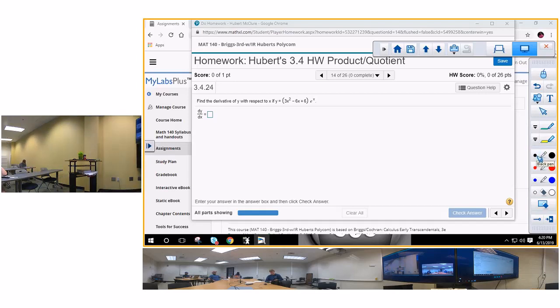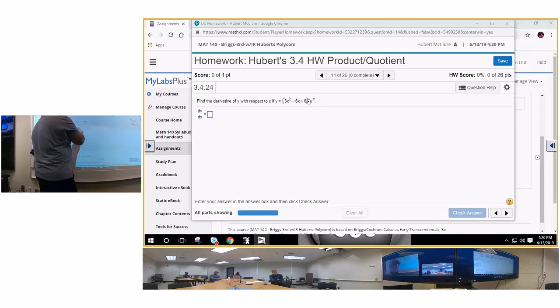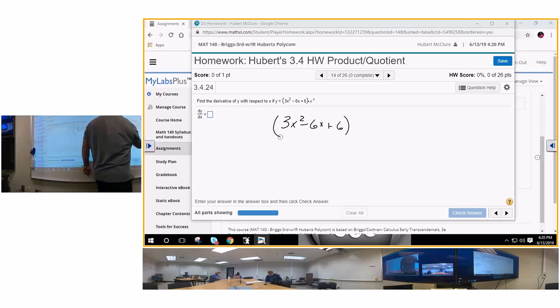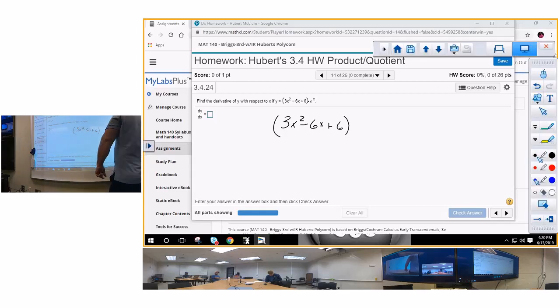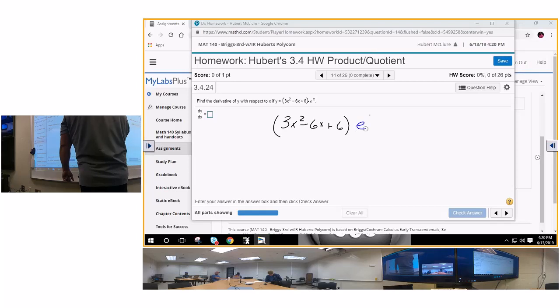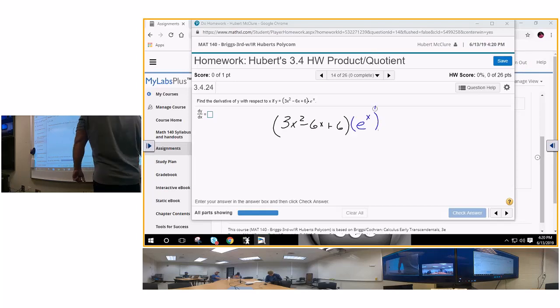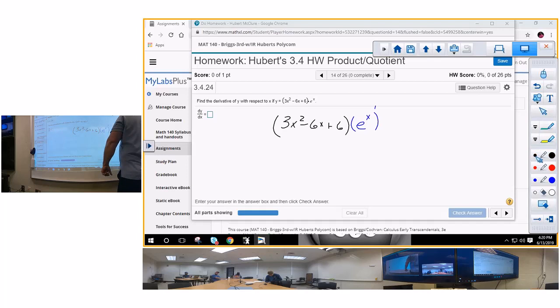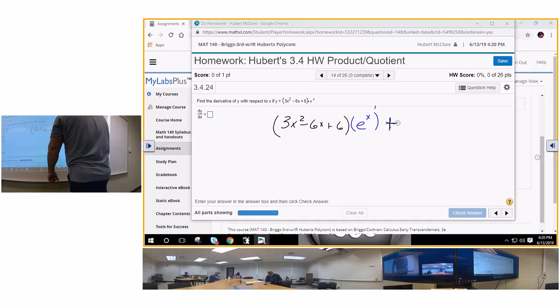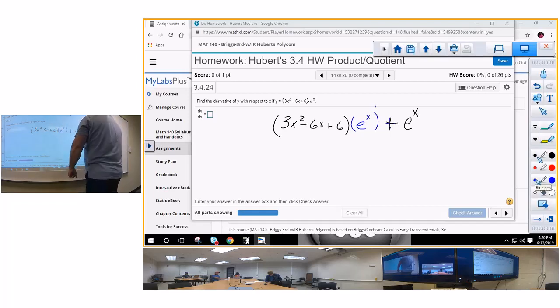First, since it is multiplied, first times the derivative of the second, and I'll put it in blue, plus the second times the derivative of the first.